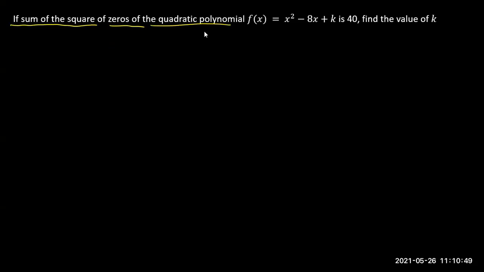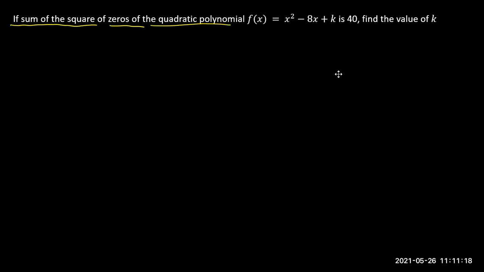In the last example, they gave alpha square plus beta square equal to 24. So instead of that expression, now they gave us a statement. Using this statement, we need to find out the k value.